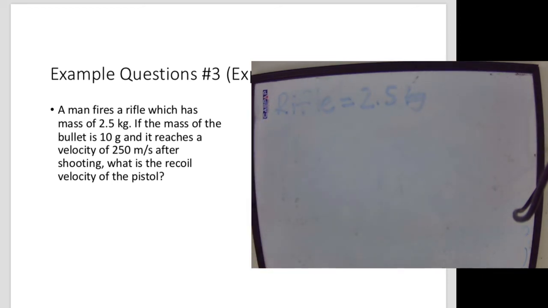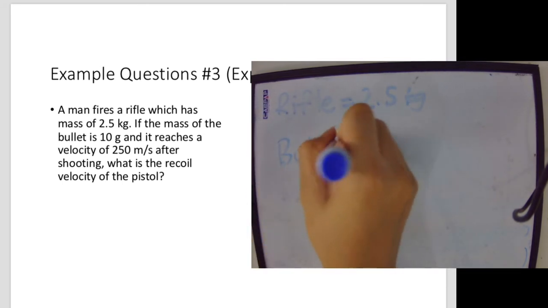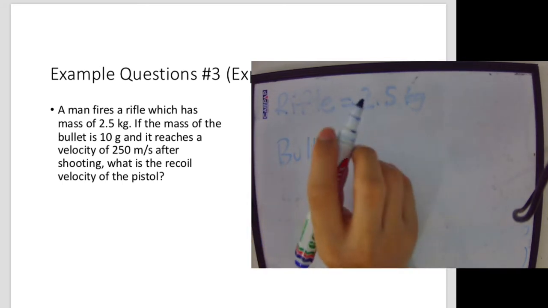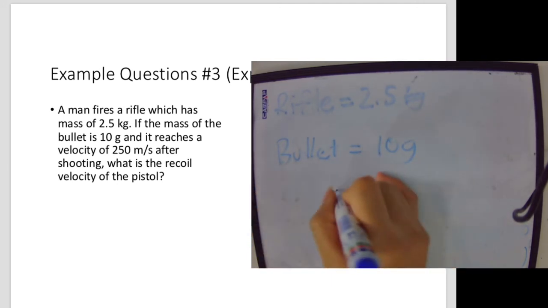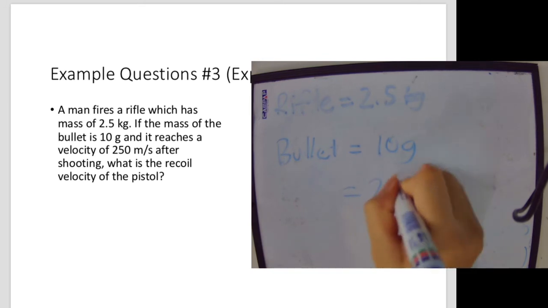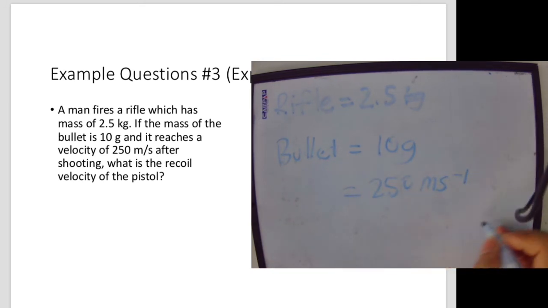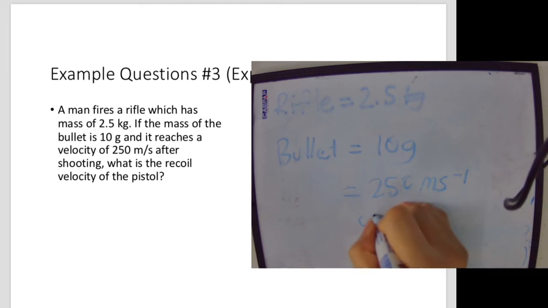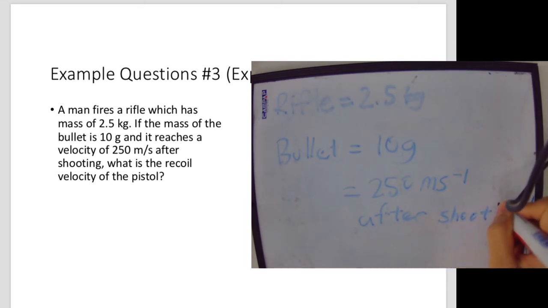Okay, I'm really running out of ink here. Bullet is 10 grams and speed of 250 meters after, that's an important word there, after shooting. So here's a hint. After shooting, it's moving at 250 meters per second.